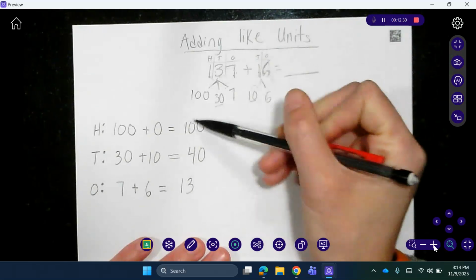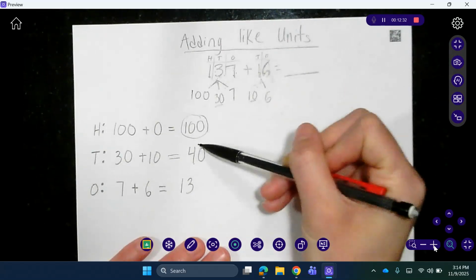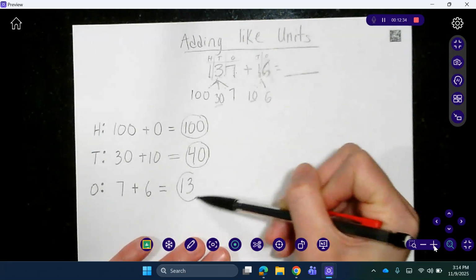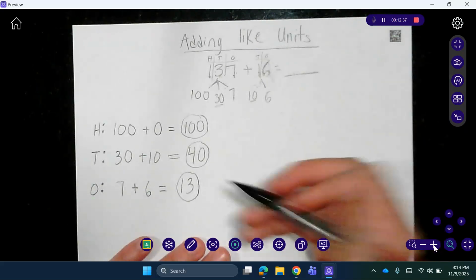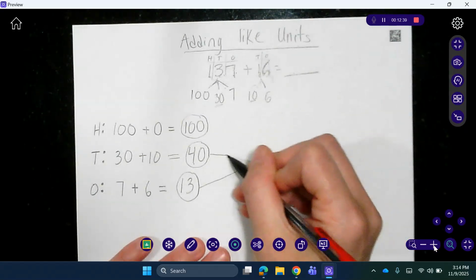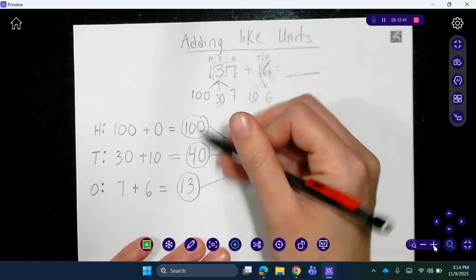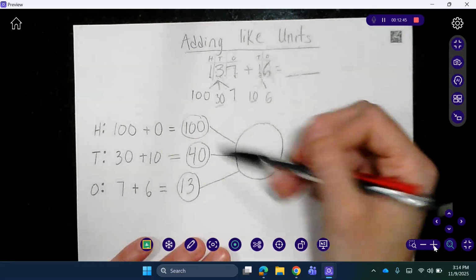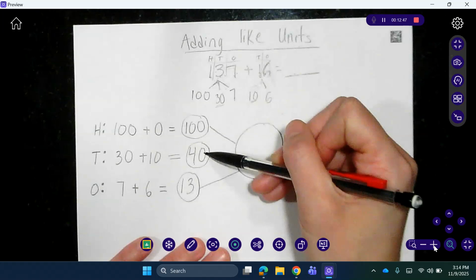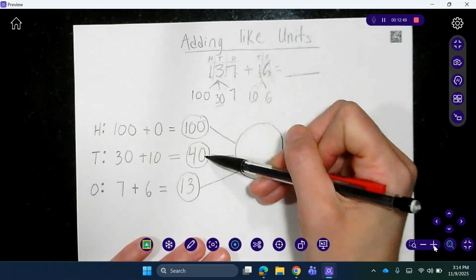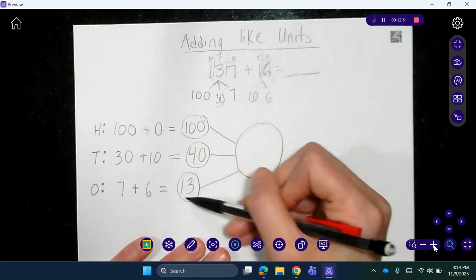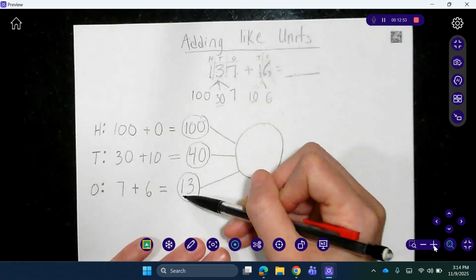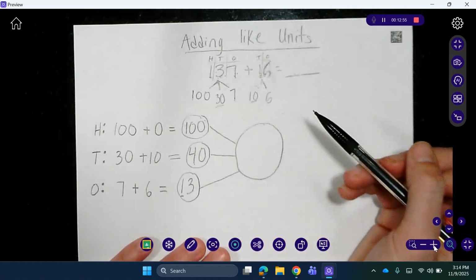Okay, and just like we did yesterday, now that we have all the hundreds added up, all the tens, and all the ones, we're just going to put those back together to find our sum. We're going to make it look kind of like a little number bond, right? Because here are our parts. We want to put it back into the total. All right, 100 plus 40 is 140. Now this is a little tricky because it's not just some ones. We have 10 and some ones.